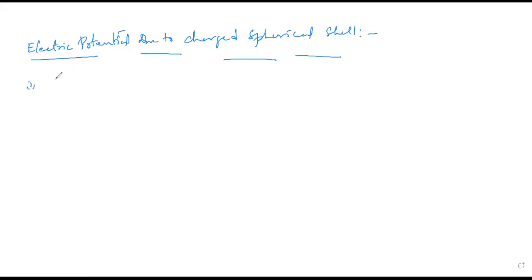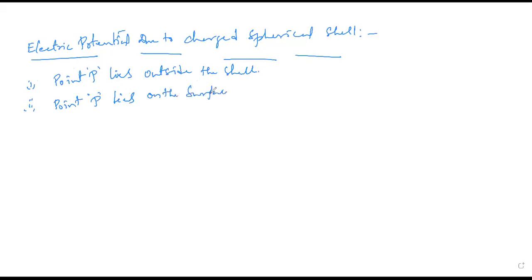First, when the point P lies outside the charged shell, not a simple shell, it's a charged shell. The second one is when the point P lies on the surface of the charged shell.